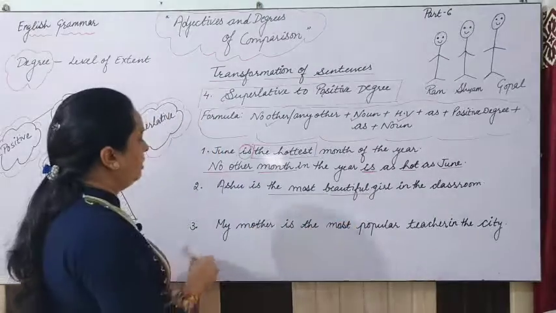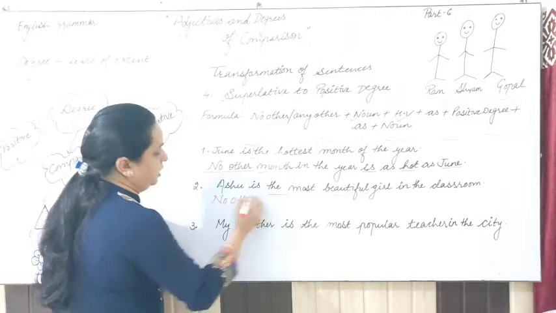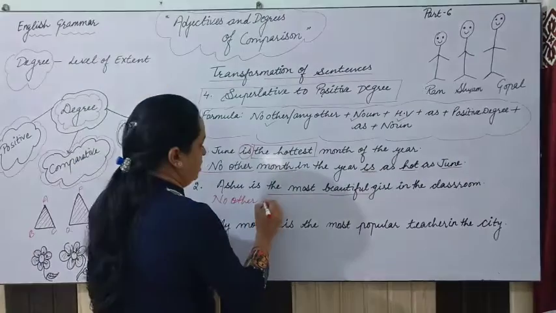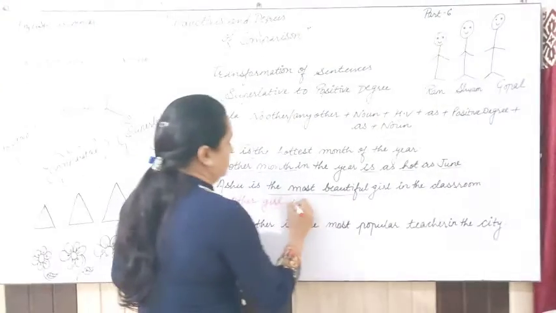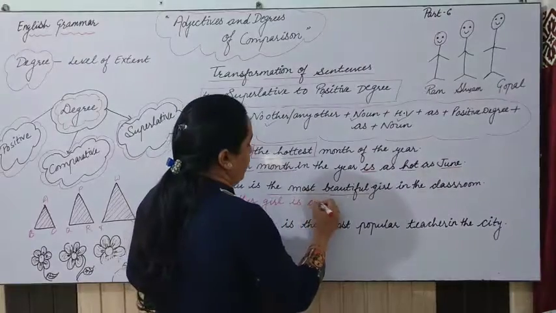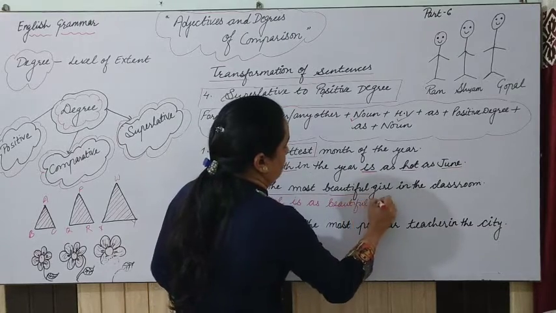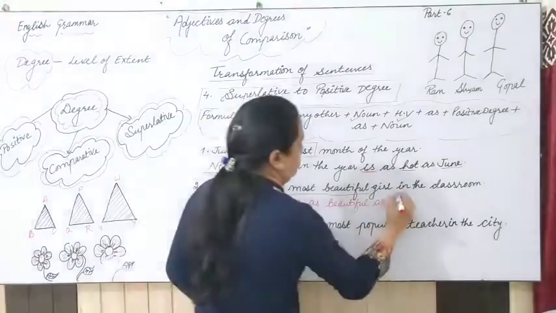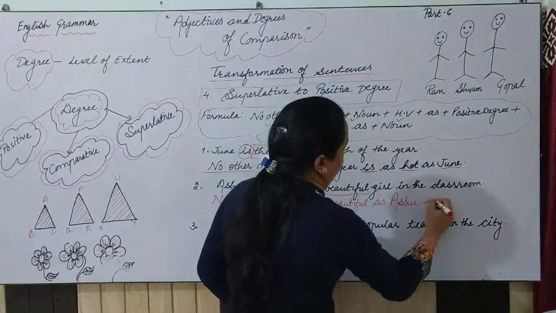So how do we change it? Here we will write: no other girl is as beautiful as Ashu, and in the classroom you may write down here.